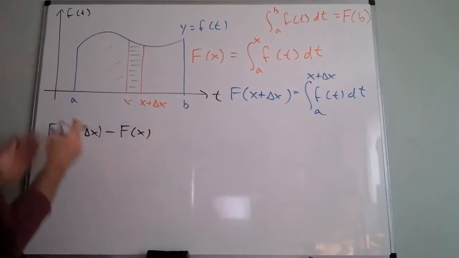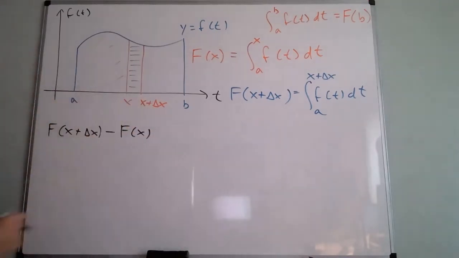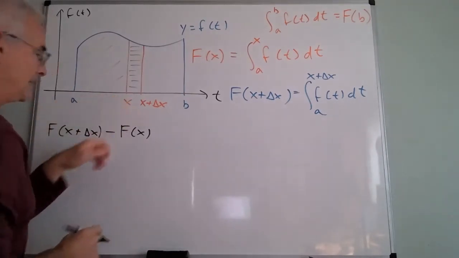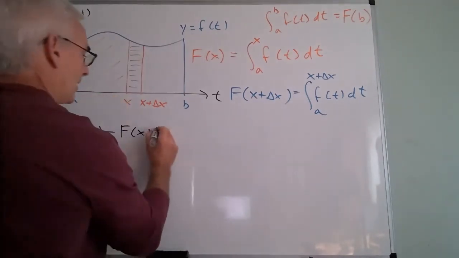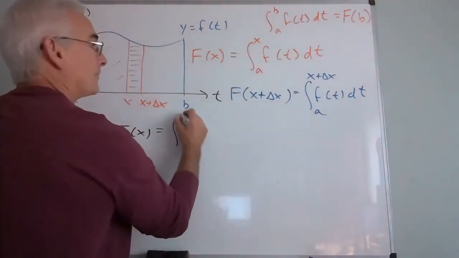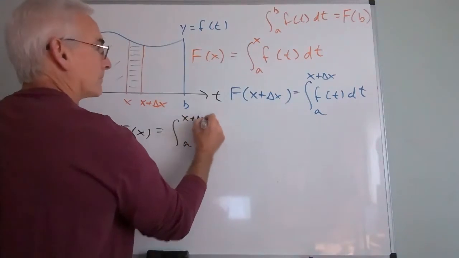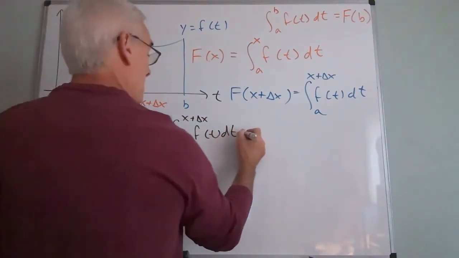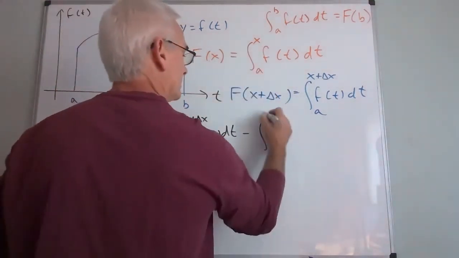Now, because of the way we're defining our area so far function, we're defining it based on the left endpoint and where I'm ending. Let's start with this. Now, this is this integral here minus this integral here.